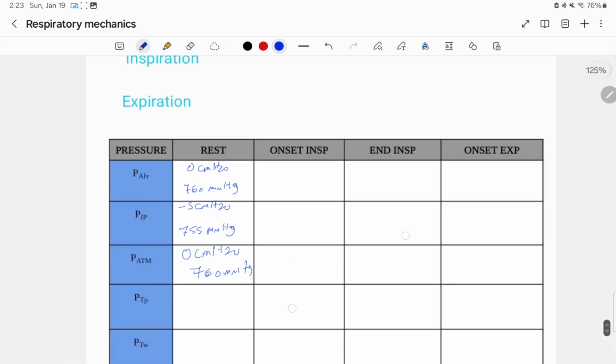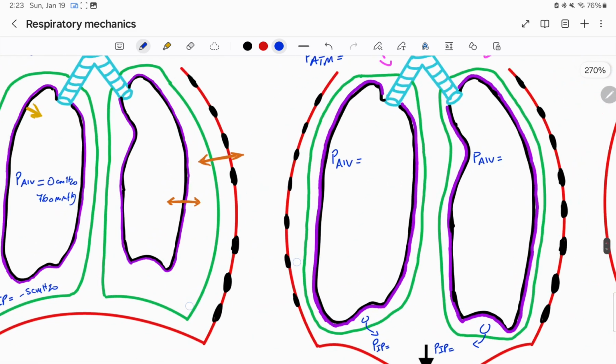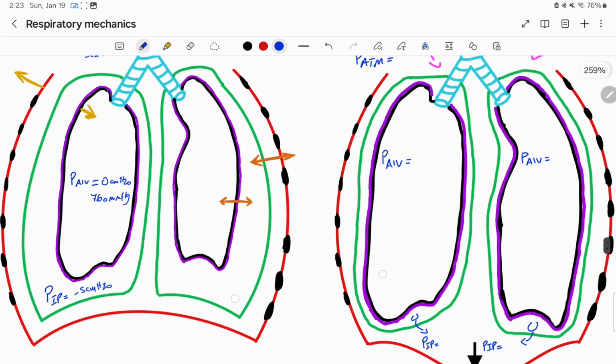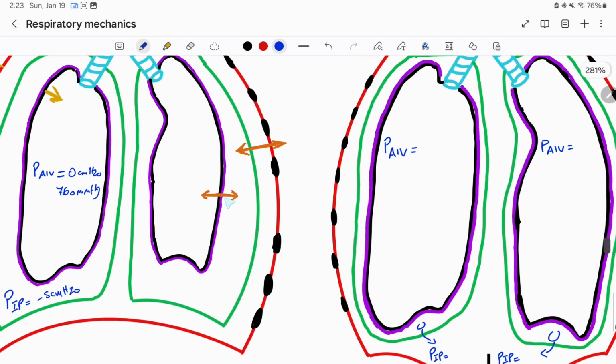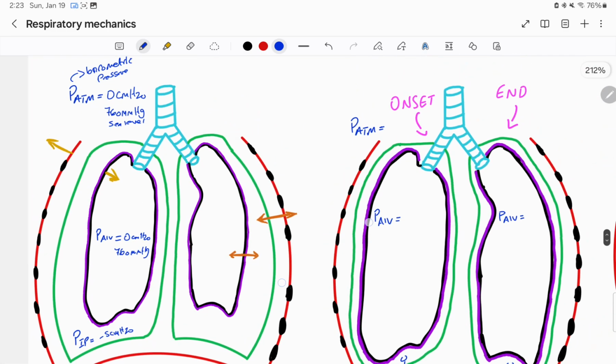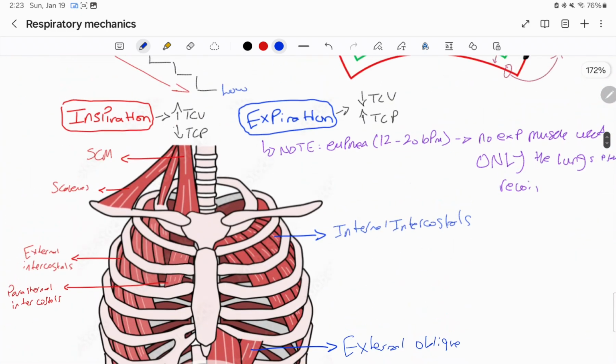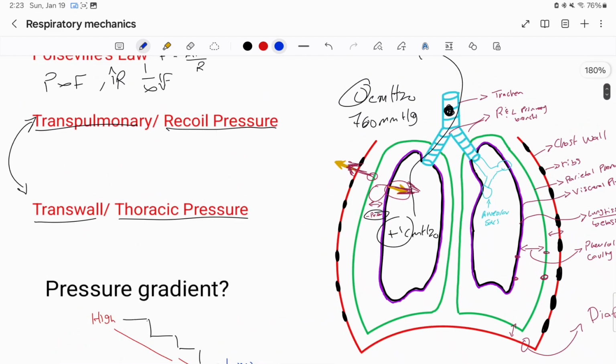Okay, cool. Now, with this said, I have to introduce you to another concept as well, the transpulmonary and the transthoracic or the transwall pressure. We've already briefly mentioned these before, and now I'm going to give you the formulas for them.